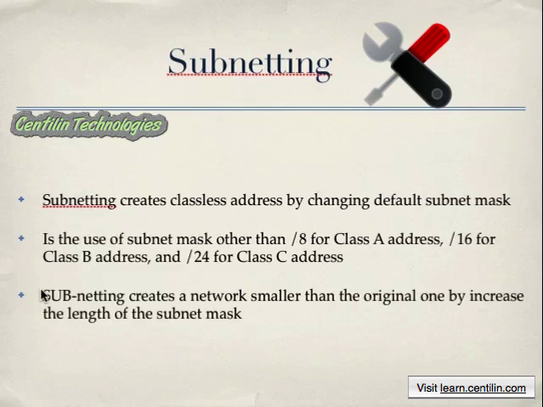Now, by default, we use 16 million, like I previously mentioned, for Class A addresses, 65,000 addresses for Class B, and 256 addresses for Class C. So subnetting is the reduction of the amount of hosts by making the subnet mask bigger.